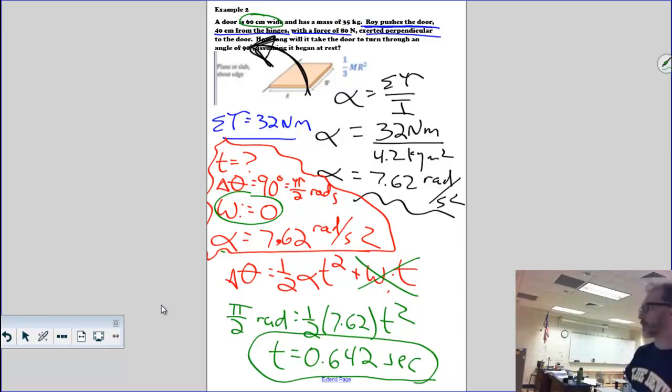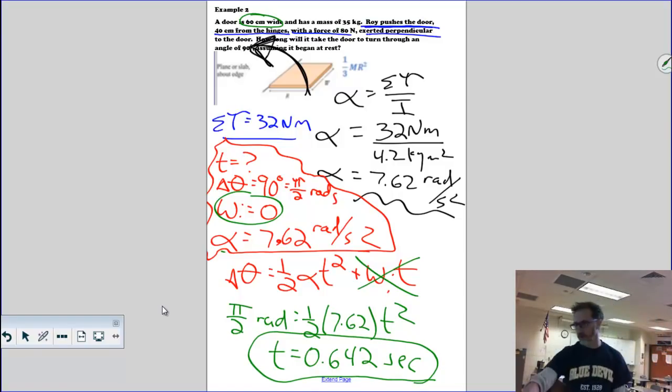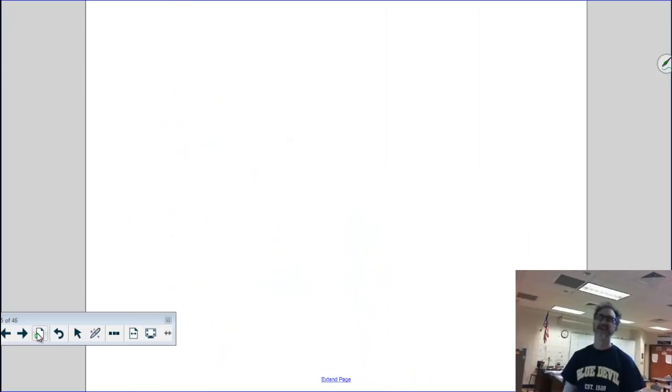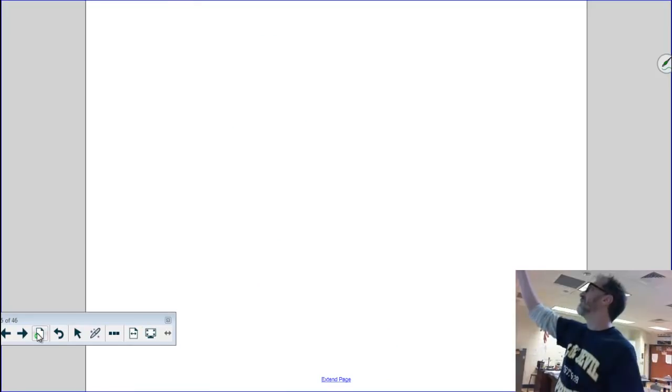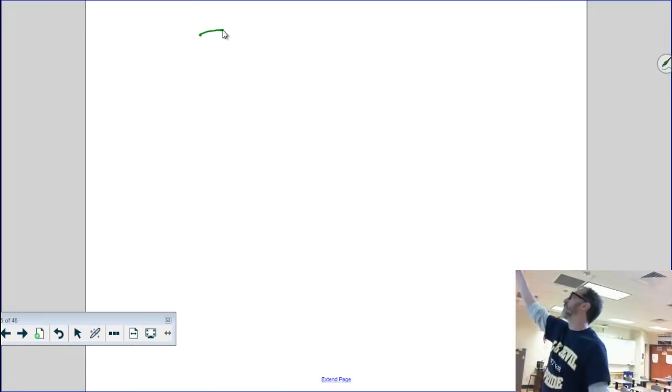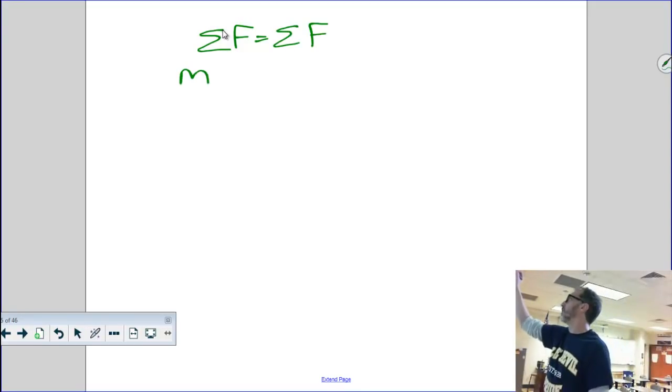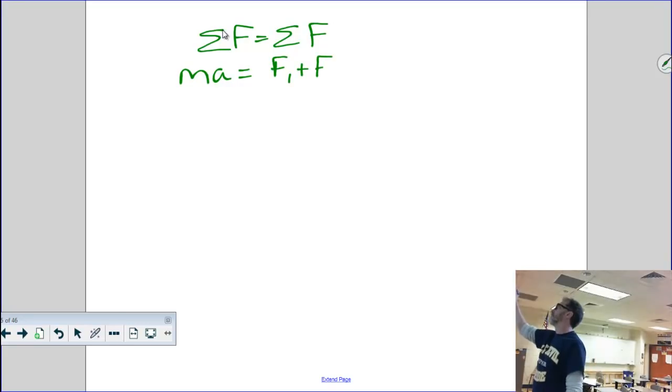All right? So, most of the problems that we're going to be solving here are similar to this. This is a constant theme that we've run into with problem solving. Right? With net force, we had mass times acceleration equals all of the forces added together.